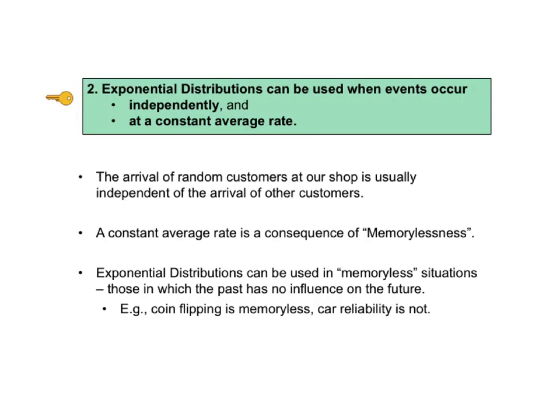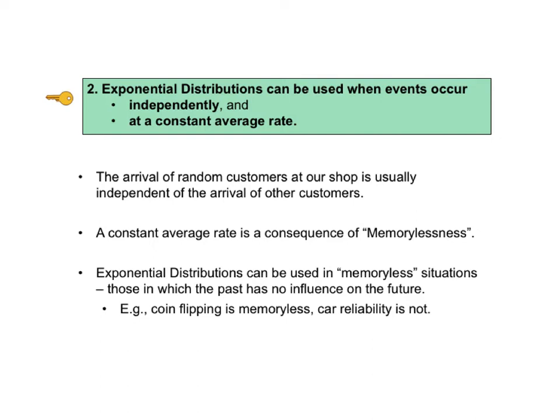Key to understanding number 2. Exponential distributions can be used when events occur independently and at a constant average rate. If a random customer comes into our store at a given time, that event does not normally affect when another random customer comes in. The events occur independently. Now, a constant average rate is not the same as a constant rate.